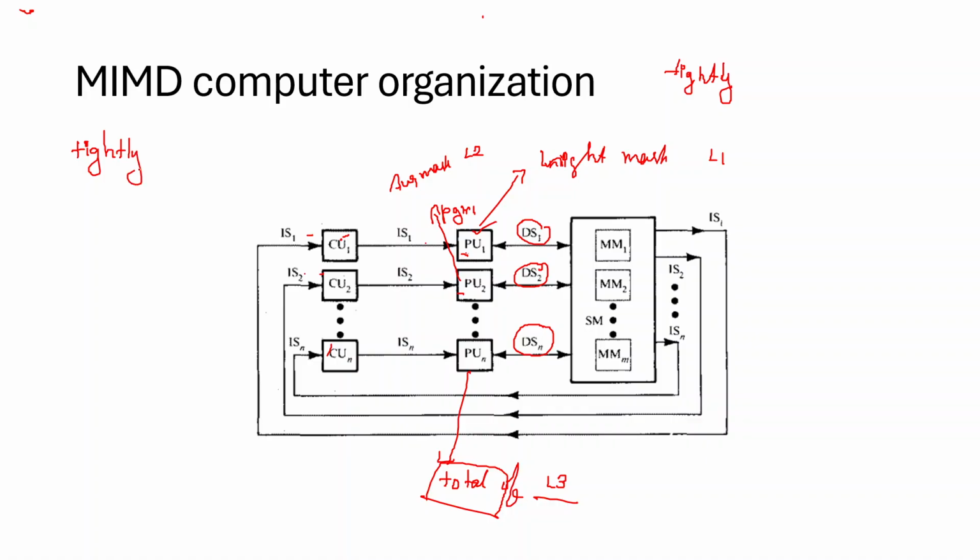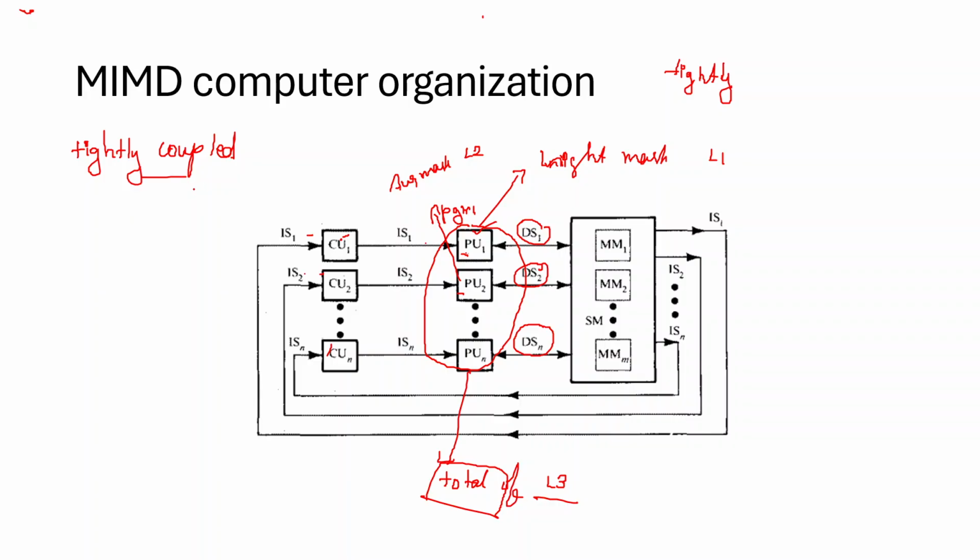Otherwise, it is called loosely coupled. It depends only on the interaction among the processing units, not on the control unit or memory. If the processing elements have high communication among them, then this MIMD will be called tightly coupled. Otherwise, it is called loosely coupled.